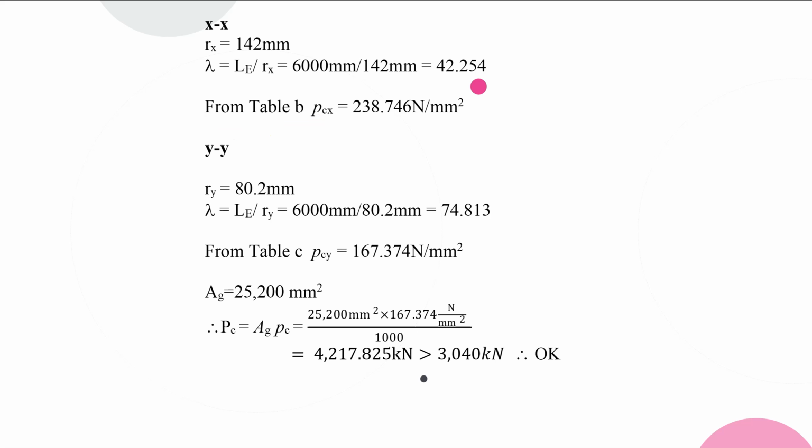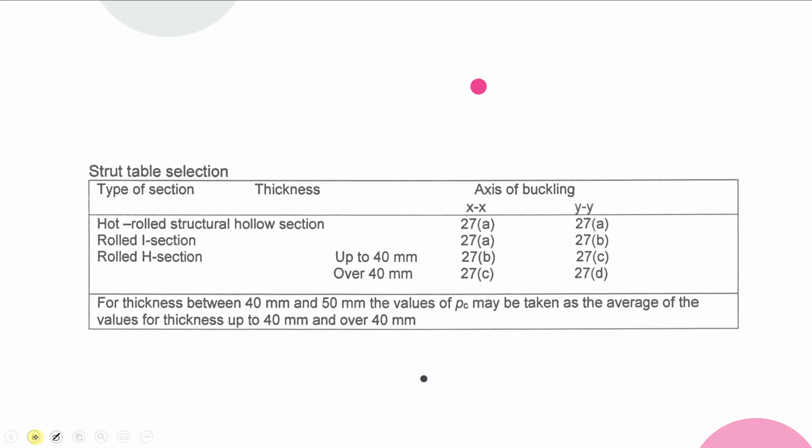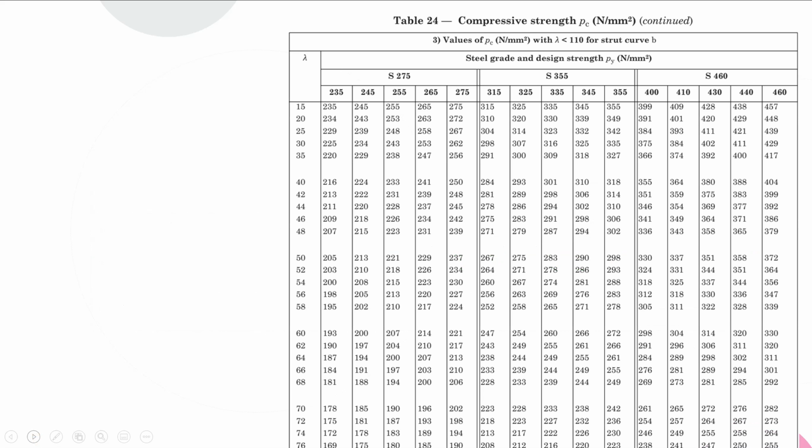So which table are we going to use again? Table B and table C. How do we know table B and table C? As usual, since our T here was 31.4, we look at the bottom side up until 40 mm. So it is still this one and this one. Ignore the 27, it is curve B and curve C. So we know these are the two types we want to use.